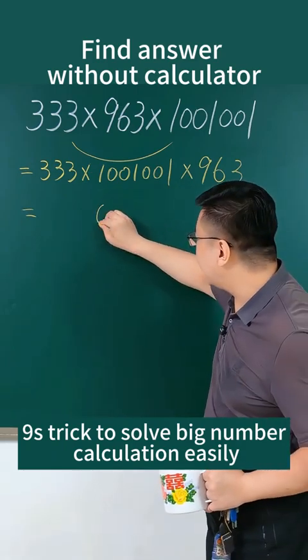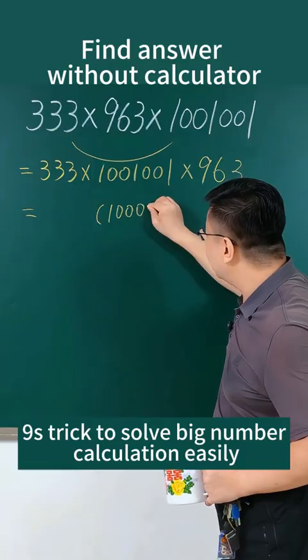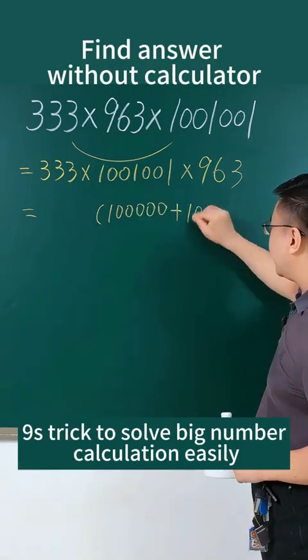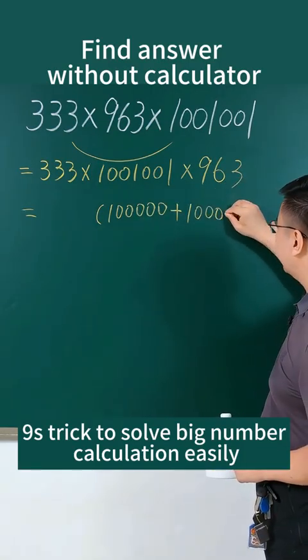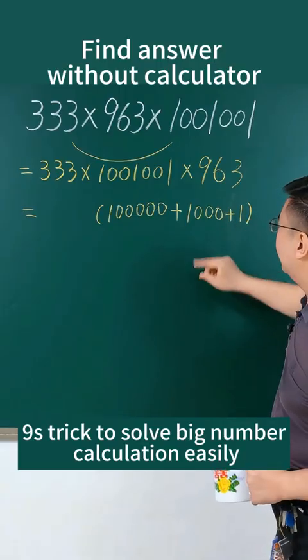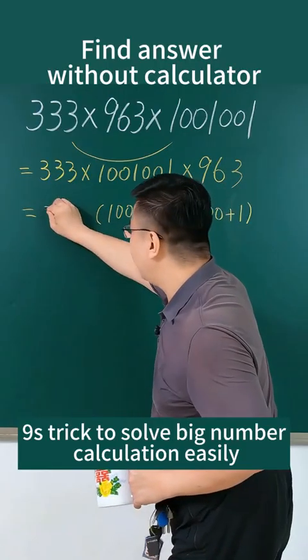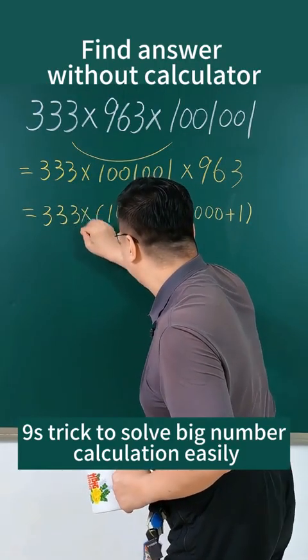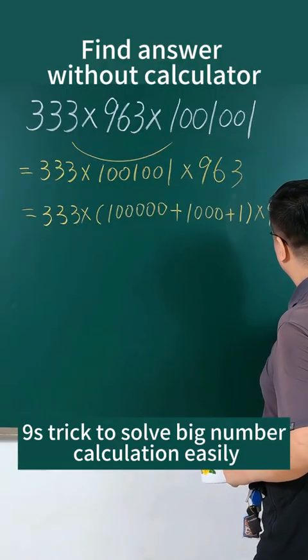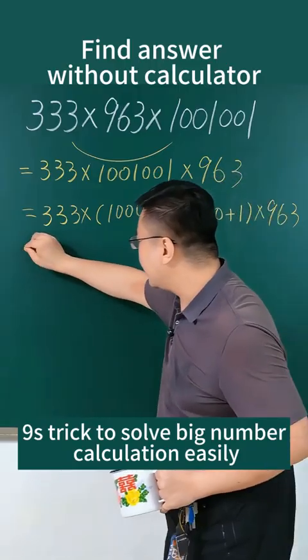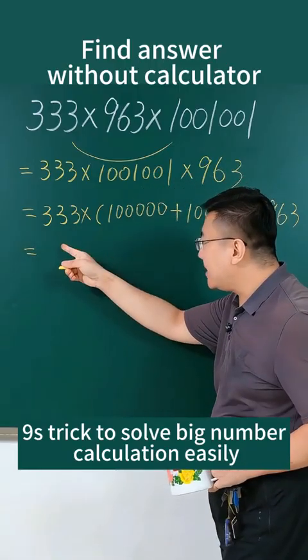Look, you can break this number down into 1 followed by 6 zeros, then add 1 followed by 3 zeros, and then add 1. Can't this number be broken down into these three numbers? Then, multiply the first part by 333 and the latter part by 963. So, think about what that equals.